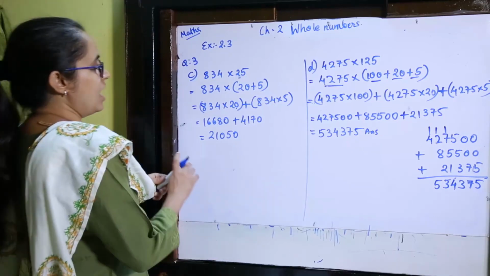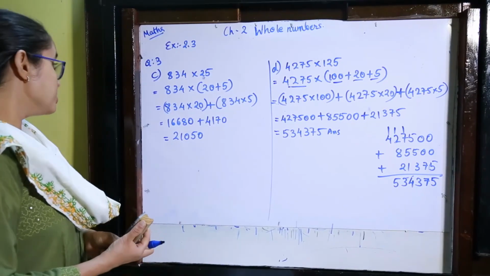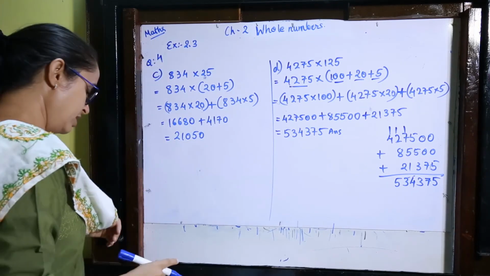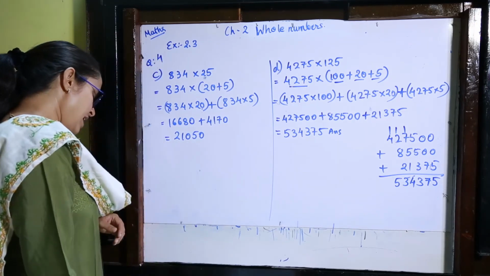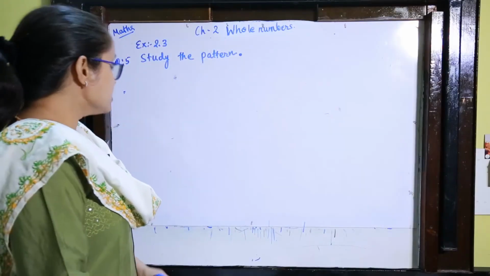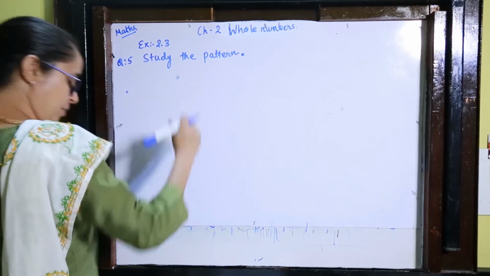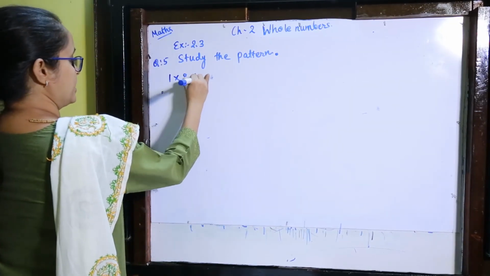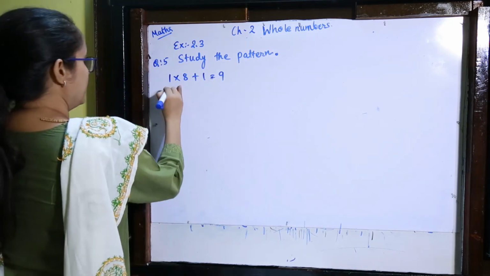Okay. Now, last question of the lesson, question number 5. Sorry, this one is question number 4, children. Now we will move on to question number 5. Now the last question of the lesson: study the pattern. I am writing the pattern which is given in your notebook or in your textbook. You also write it down along with me.